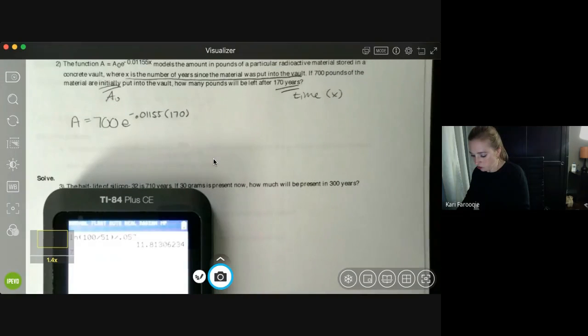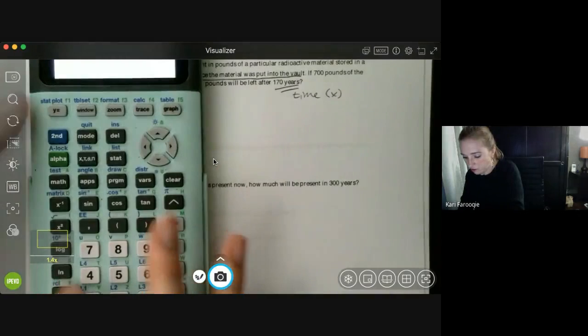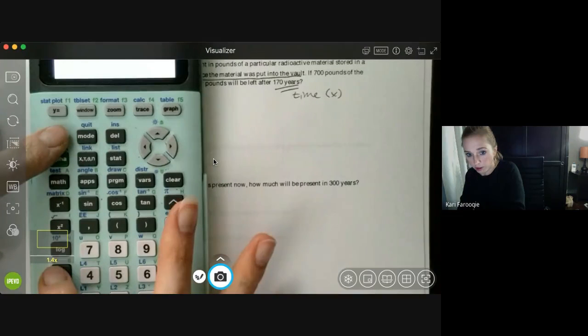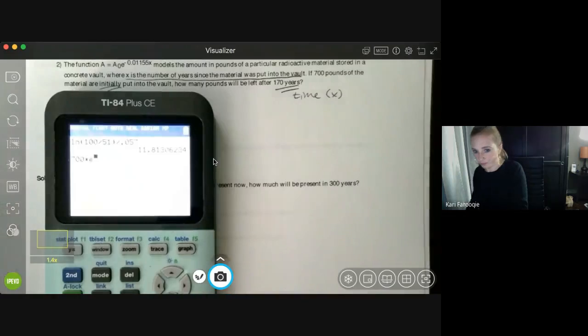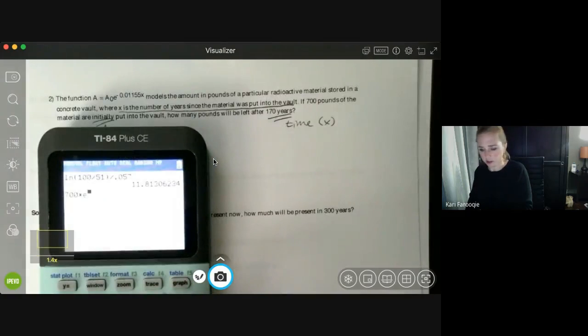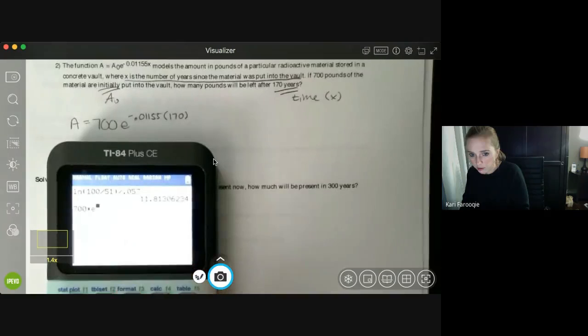as 700 times, did we talk about our E button? I think we did last time. If you're not sure where your E button is, it's second natural log. That will bring up your E. I think we did talk about this like a week ago. E to the negative 0.01155 times 170.